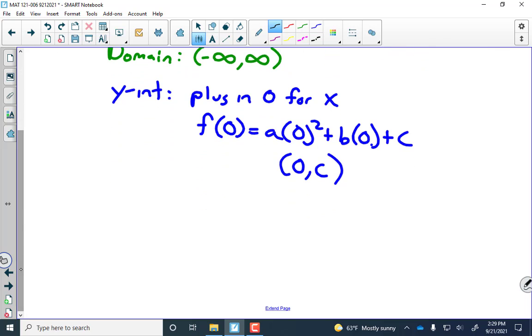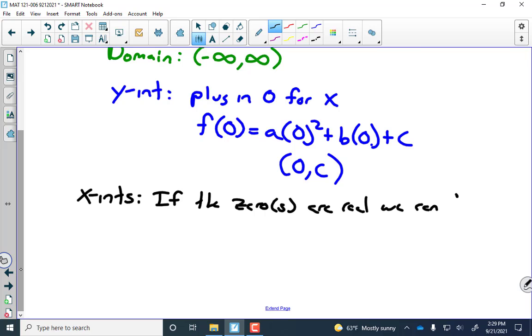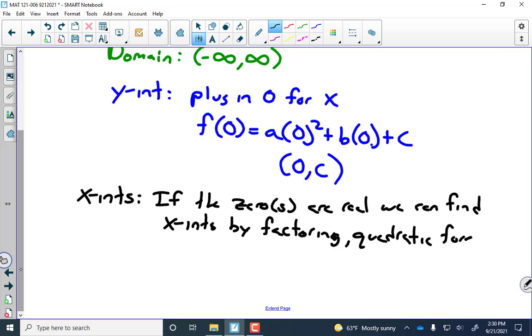Now, the hardest thing usually to find is the x-intercepts. Fortunately for us, we have tools for finding those. If the zeros are real, we can find x-intercepts by factoring, the quadratic formula, or the thing we just learned, completing the square.